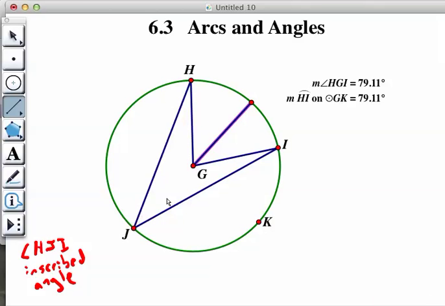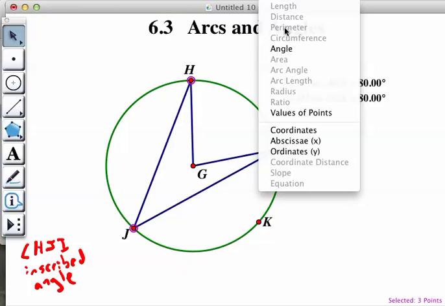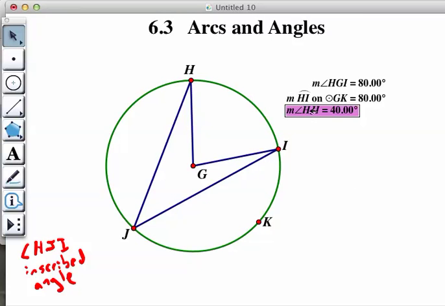So J would be twice as far away from the arc as G is. If it's twice as far away, how do you think that affects its angle measure? Well, if I know that G's angle measure is equal to the arc it intercepts, and J is twice as far away, it should follow that the angle is what? How about half as much?